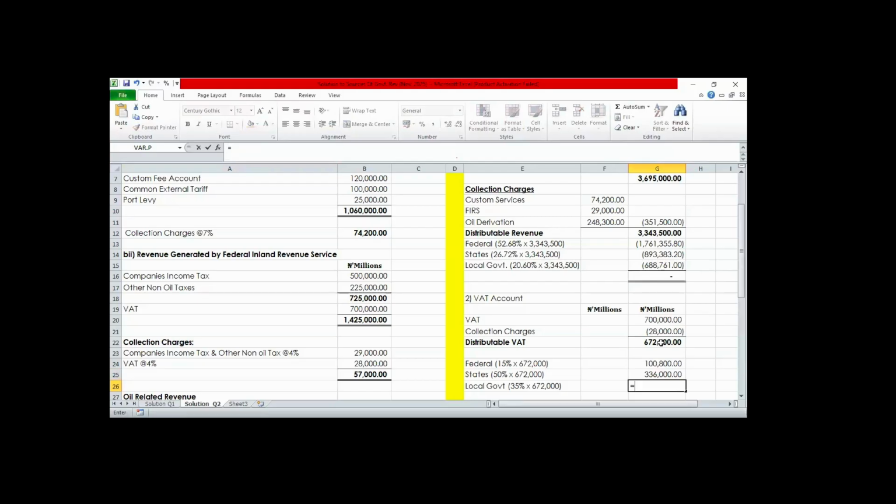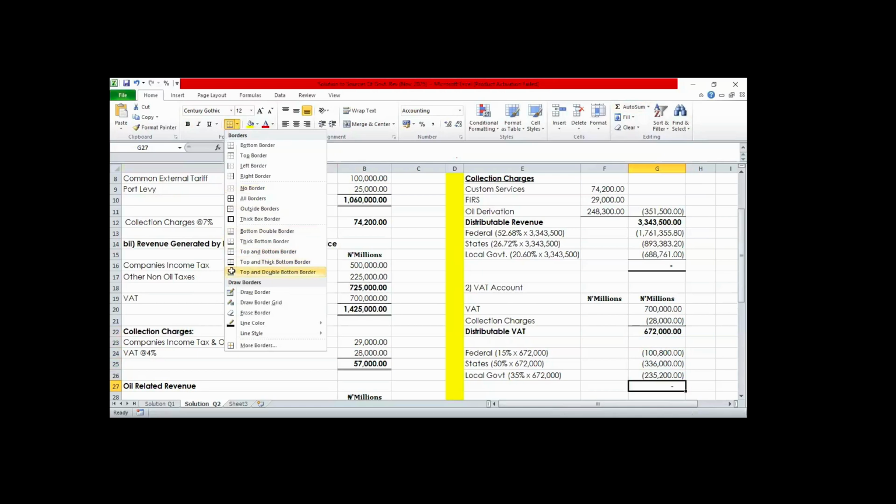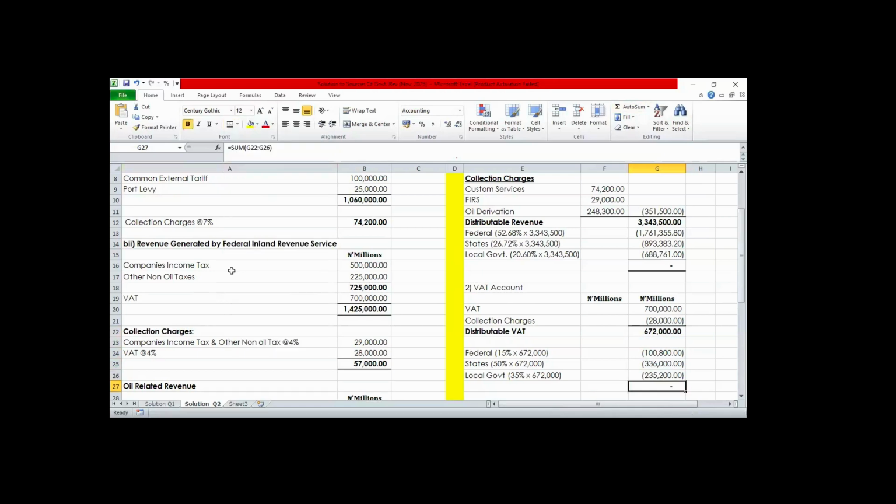And 35%. Okay. Can you see it? That is how to go about that.